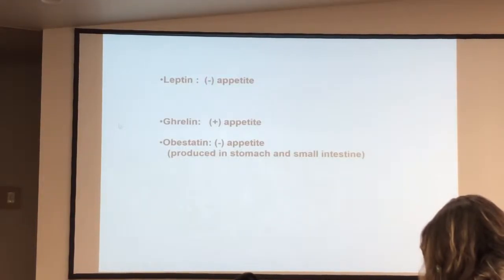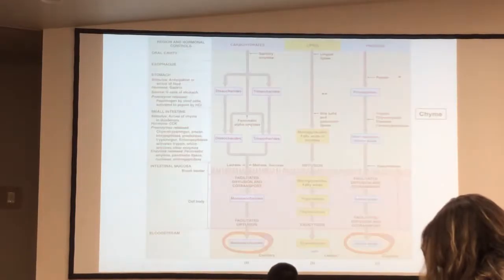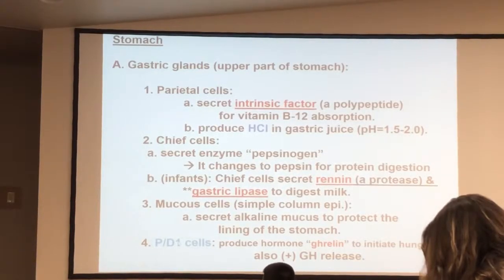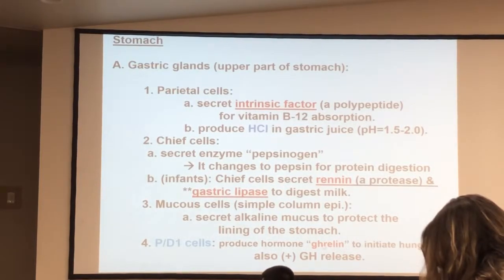We know adipocytes produce leptin, which can decrease appetite, so decrease food intake, would decrease the body weight. And now we have the other hormone from P/D1 cells, we call ghrelin, actually it's growth hormone releasing. Okay, they will increase appetite, let people eat more food, and because it also stimulates growth hormone release.